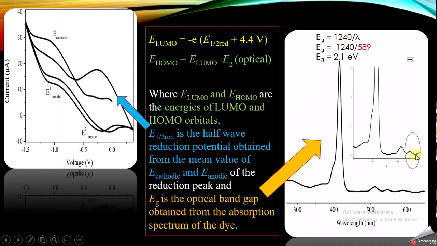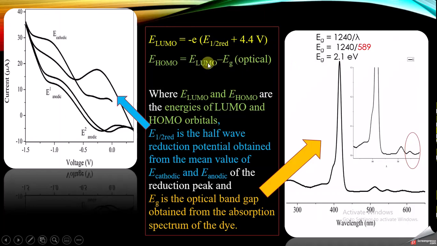Then you convert this wavelength into electron volts, that is the band gap, and this can be done by using a simple relationship which is given here: 1240 divided by wavelength. This wavelength is obtained from the peak position here, and after doing this calculation, I get a band gap of 2.1 electron volt. Now I can put this band gap here in this equation.